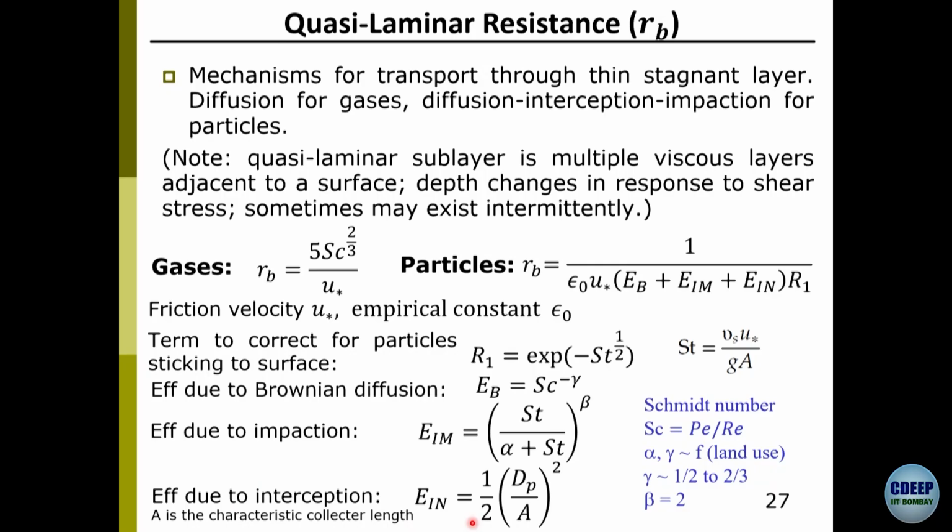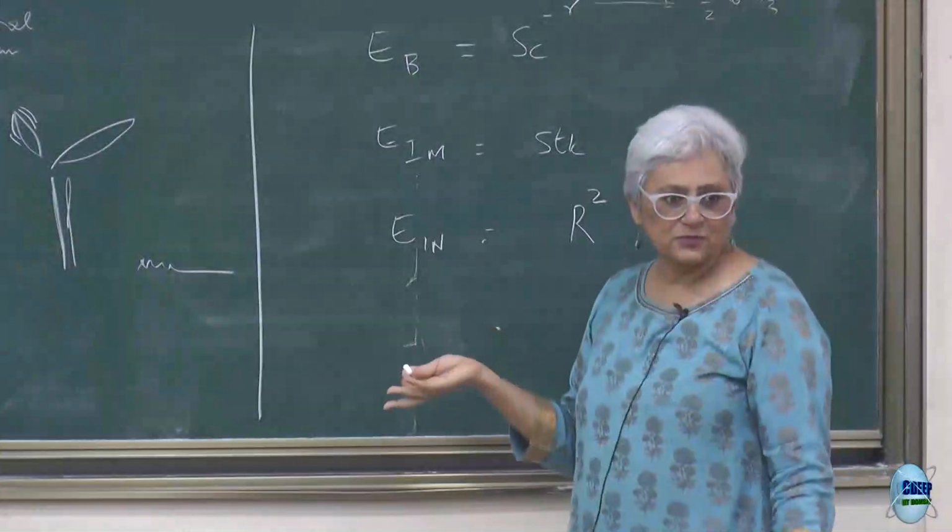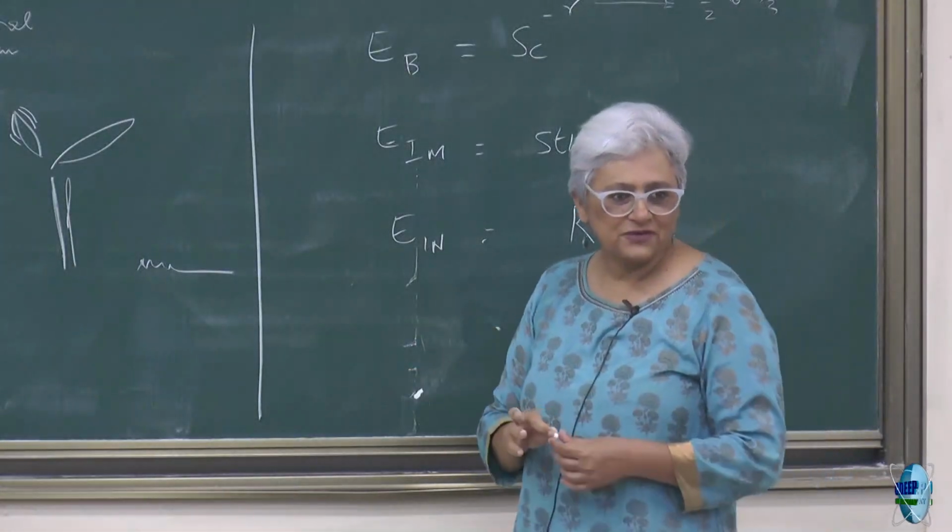And then you have, this is the impaction, and then you have the interception one, and what you see is a dp by A, where A is the characteristic length of the collector. So you have a dp by dc or dp by some characteristic length of the collector, which is an r, is nothing but proportional to r square, which is what your theory told you, right?